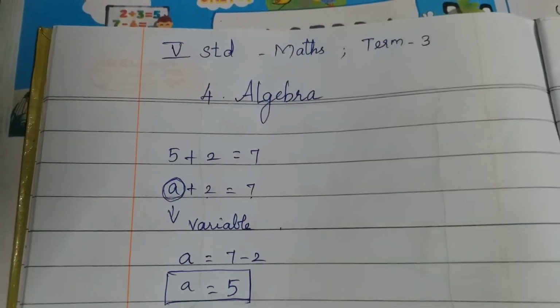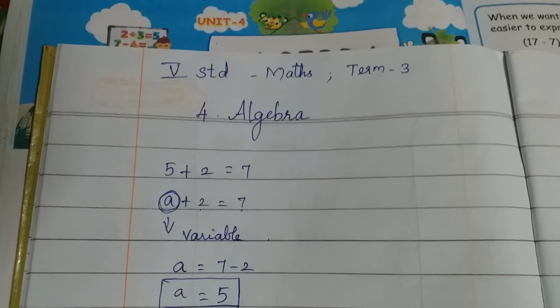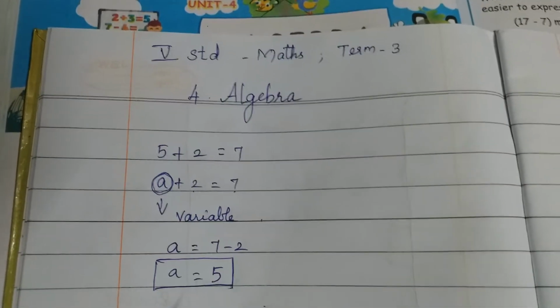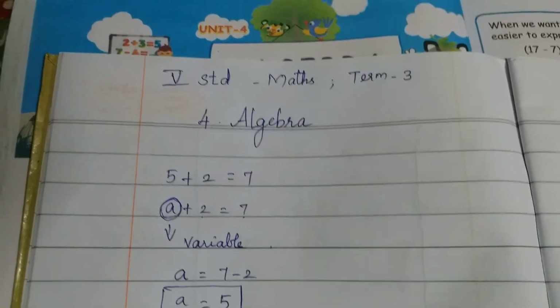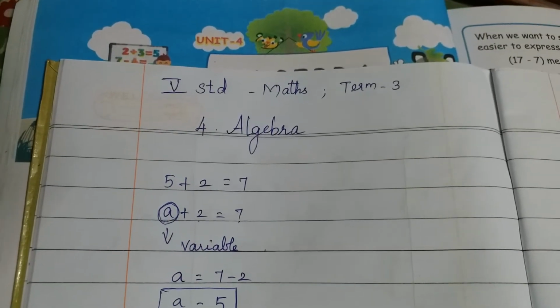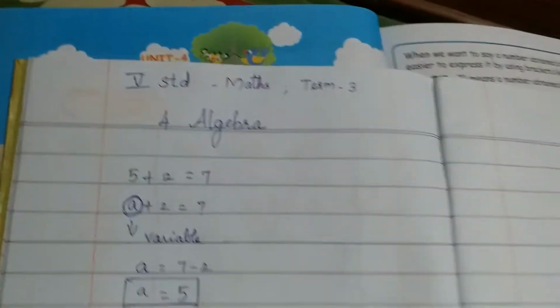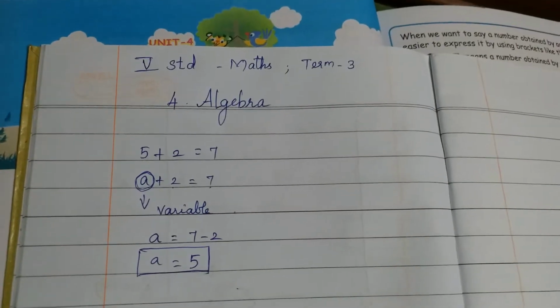That is algebra. It is used in our daily life in all our situations, like what time we cook and what time we get ready for school. It is used in all our daily activities.